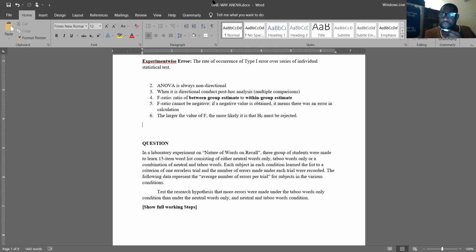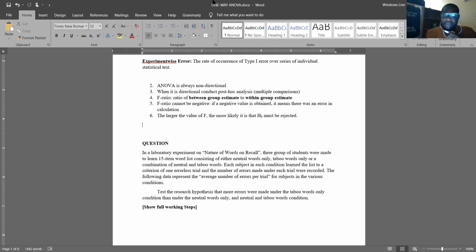So when you are able to deduce these two assumptions, that they were comparing more than two groups, and the dependent variable is on either ratio or interval, then it means you're supposed to use one-way ANOVA to solve.